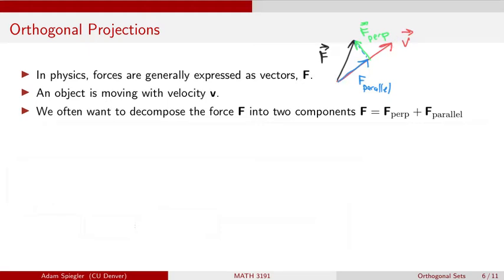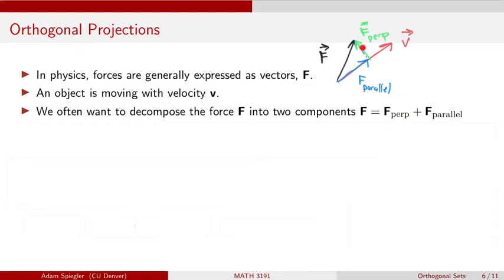And a very common thing in physics to ask yourself would be, well, what component of the force is helping this object move along this path? And that's going to be this component of the force which is moving in the same direction as our path v. So this F parallel vector is written in blue. It is parallel to the vector v.